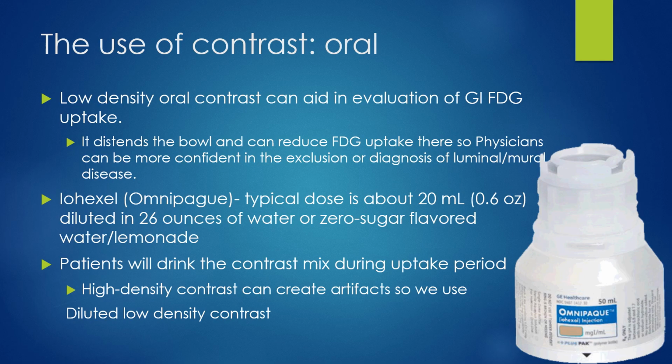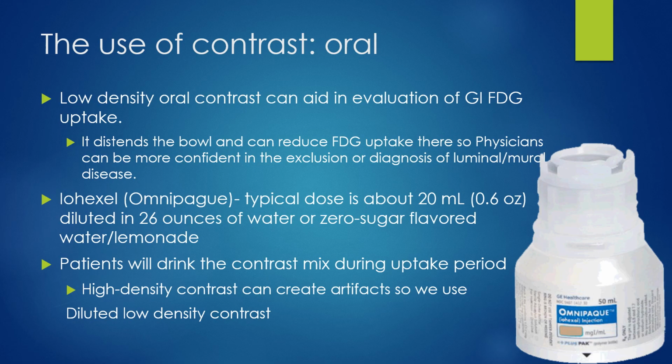And usually it's an iodine-based low density contrast. Omnipaque is the most commonly used brand for that. And that little teeny bottle there is only 50 milliliters, so it is really small. The typical dose is about 20 milliliters or so, which is just over half of an ounce. And then that'll be diluted in 16 ounces.